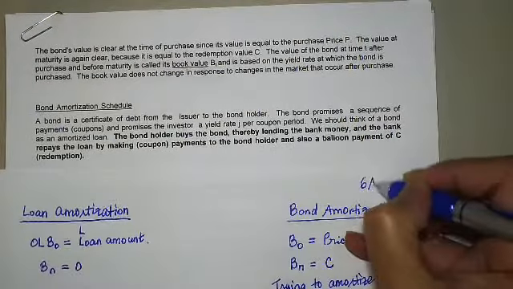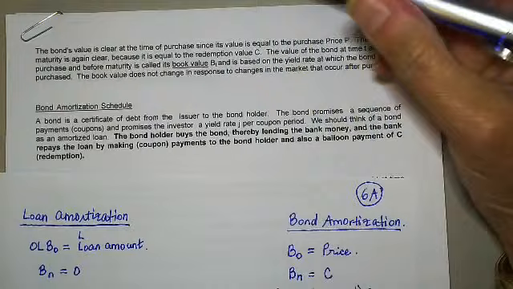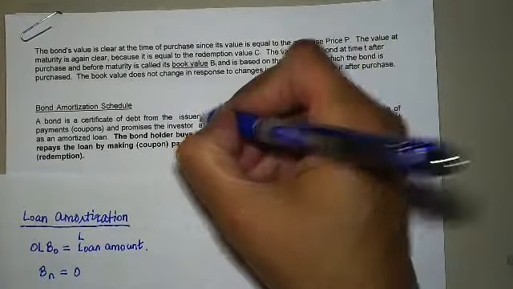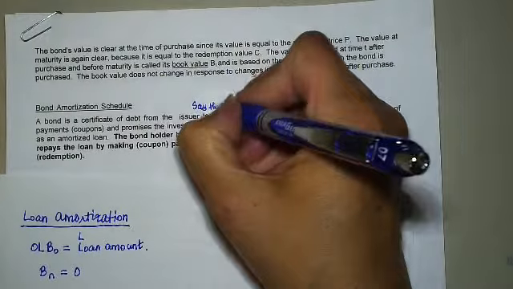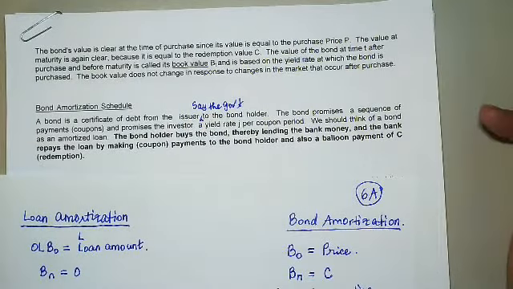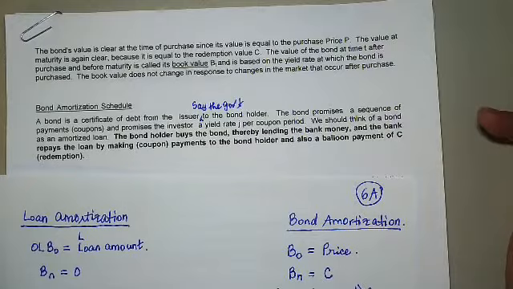Okay, so I want to go here. I'm on page 6. Let's call this 6A. A bond is a certificate of debt from the issuer, say the government, to the bondholder.